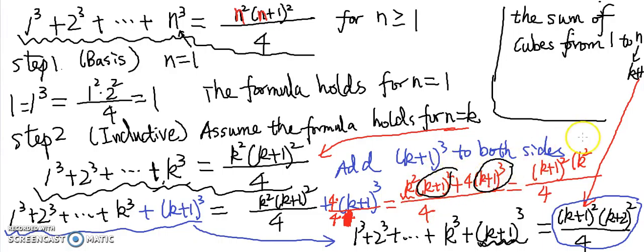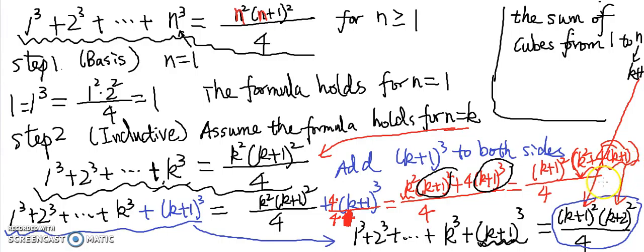And in the second term, we're left with plus 4 times another k plus 1. If we distribute 4 to k and plus 1, we get 4k plus 4. And that's exactly the same as k plus 2 squared by using factoring.